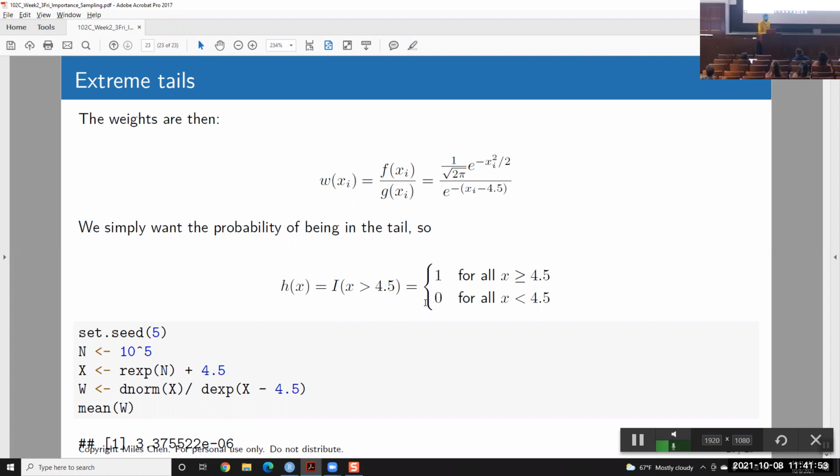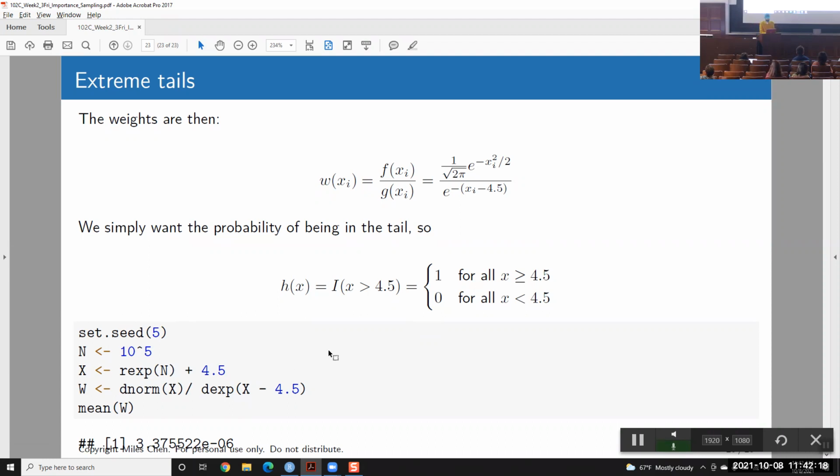And we just want to know, what's the probability of being in this tail? So I'm going to generate 100,000 values from the exponential distribution, and I'm going to shift everything over 4.5.